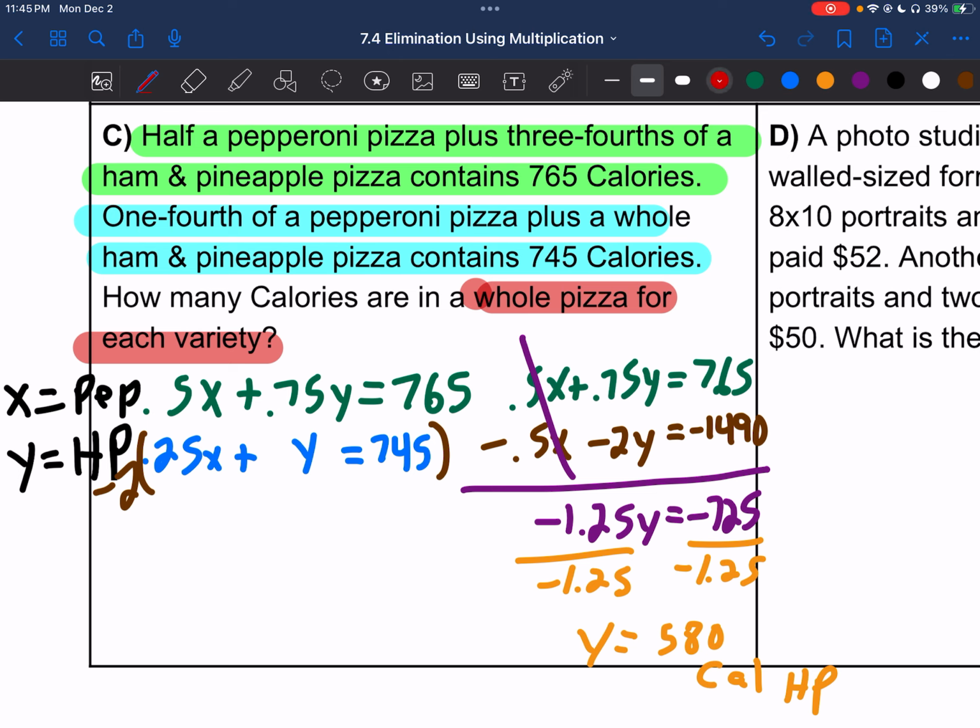Now I'm going to substitute that back into one of my equations. I'm going to take the bottom one because I don't have to multiply by anything. 0.25x plus 580 equals 745.